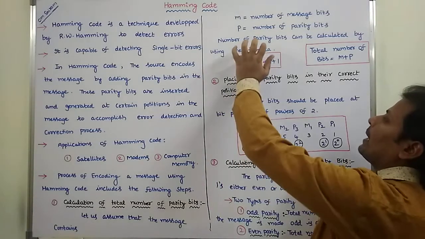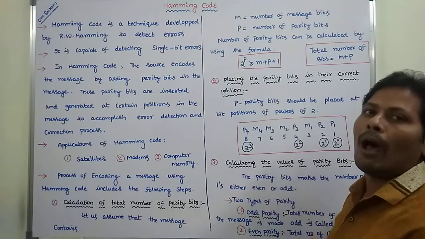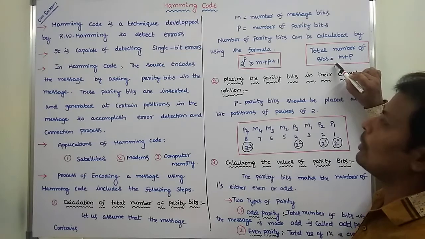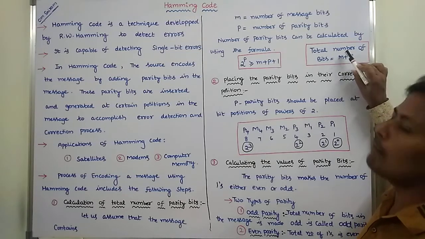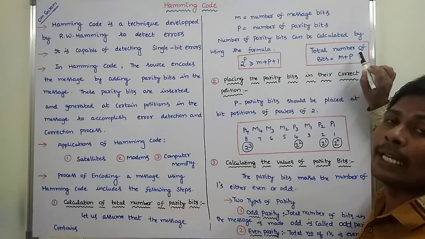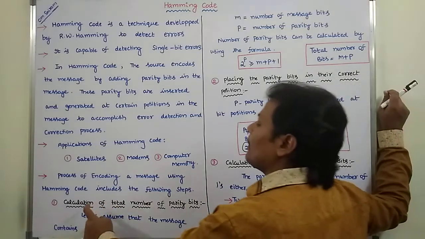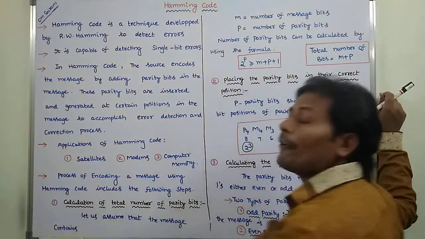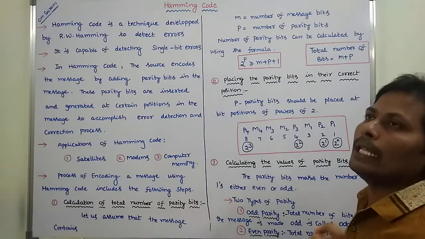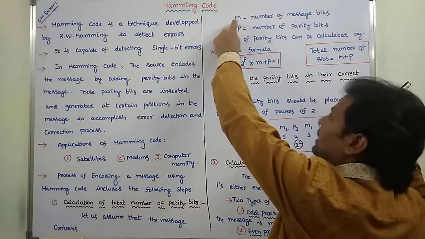Once the p value is calculated by using this formula, the total number of bits is equal to m plus p. M is the number of message bits, p is the number of parity bits. Okay, in this first step, calculation of the total number of parity bits, the total number of message bits in the given message is denoted by m.